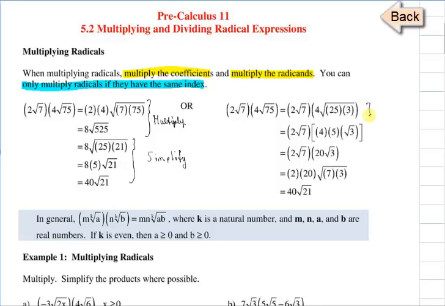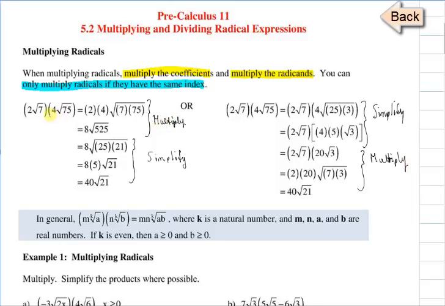So you first simplify, and then you multiply. Okay, so I'll go through these two examples and then we'll do a couple from scratch.